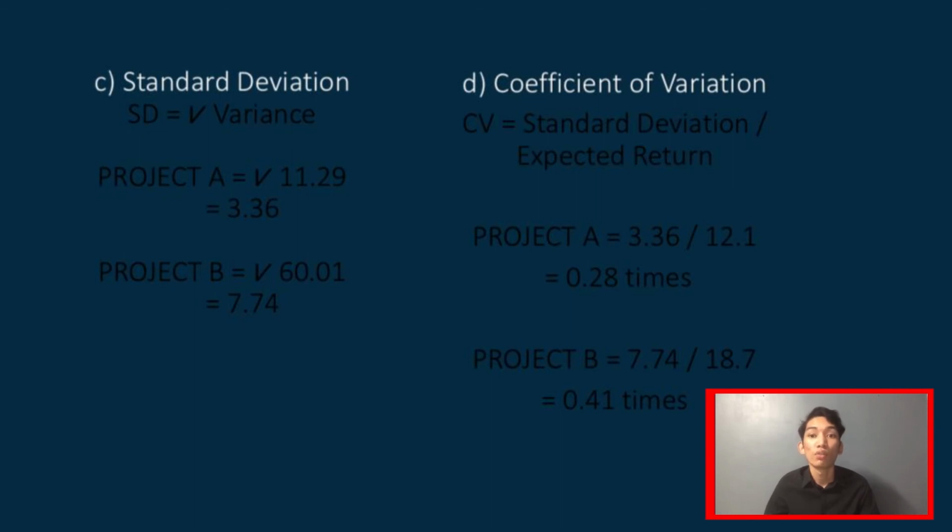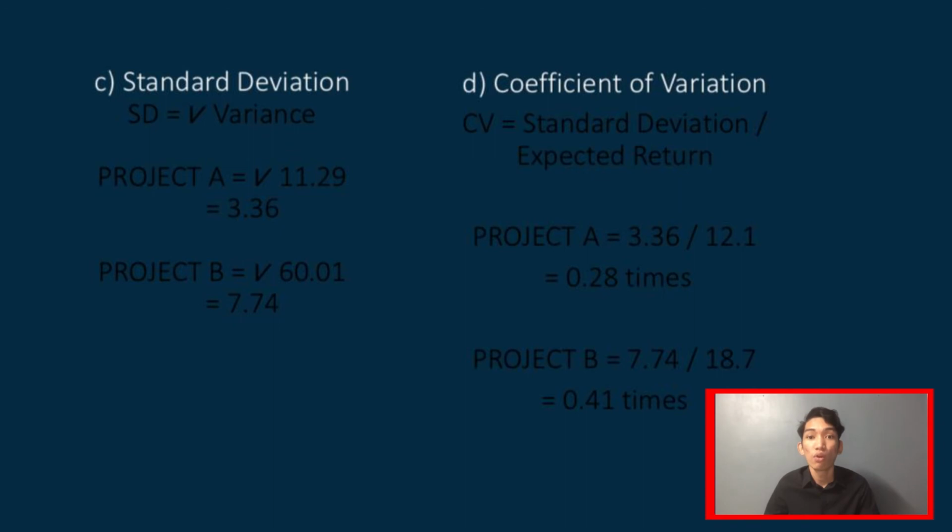Okay, next, standard deviation. The formula for standard deviation is square root of variance. For project A, square root of 11.29 equals 3.36. For project B, square root of 16.01 equals 7.74. And last question, the coefficient of variation.